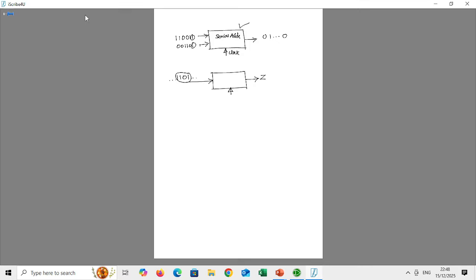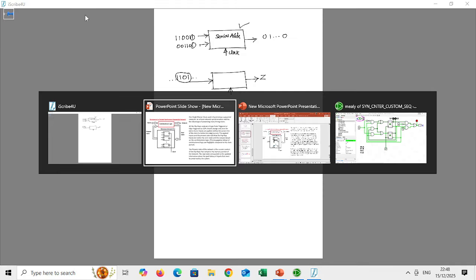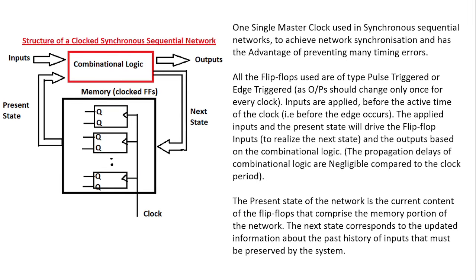There are multiple such applications where we require multiple clock cycles and receive a series of inputs. We perform certain operations on that series of inputs and produce certain outputs. Such examples force us to learn, understand and design synchronous sequential networks.